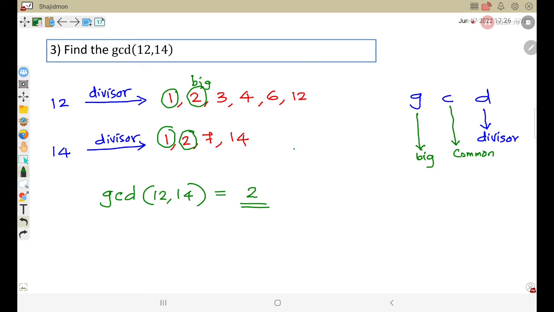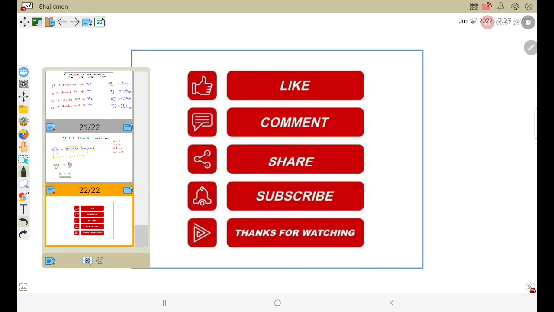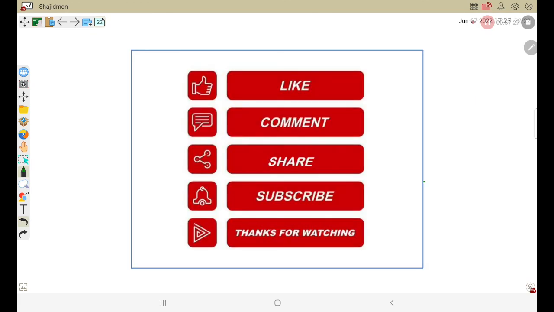But if you have bigger numbers, writing divisors is not easy. So we have one algorithm, the Euclidean algorithm, for finding the GCD of 2 numbers, that we will study in detail in the 4.4 section. Okay, that we will discuss later. So this is the basic idea from the first section, 4.1 section.